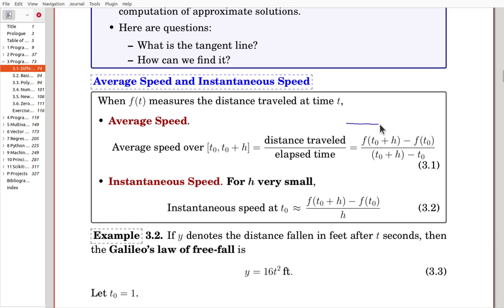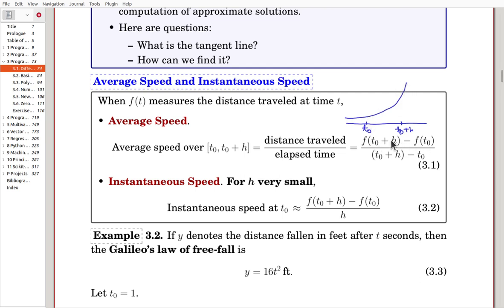Okay, now in the timeline, we have here t0, and h seconds later we have t0 plus h. Then assume y equals f of t is given in this way.